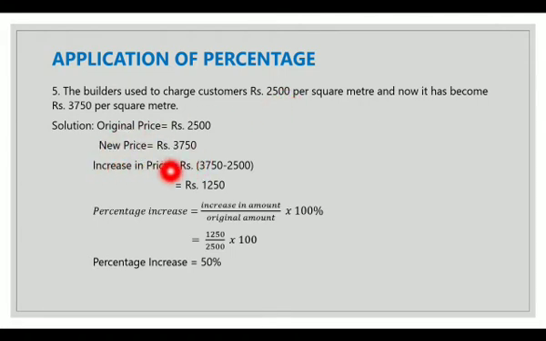So we can see here increase in price, rupees 3750 minus 2500, which comes to be rupees 1250. So percentage increase equals increase in amount upon original amount into 100%. So increase in amount, that is 1250, upon 2500, into 100, which comes to be 50%. So percentage increase equals 50%.